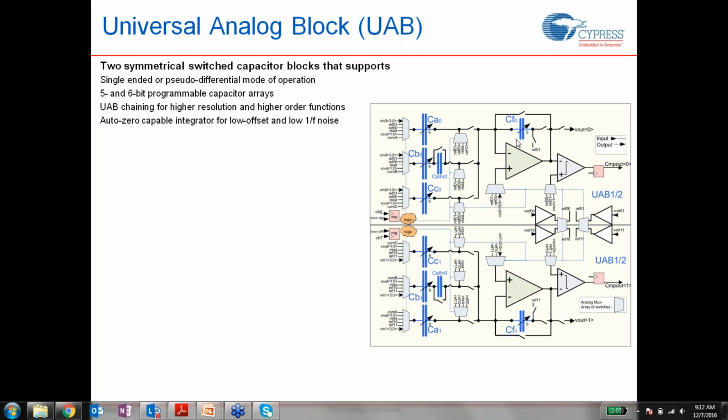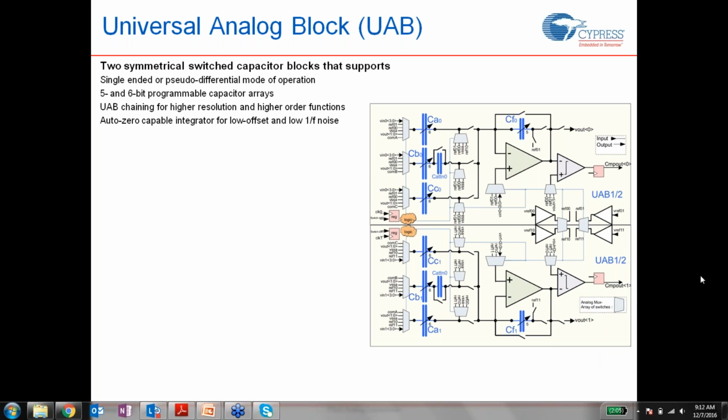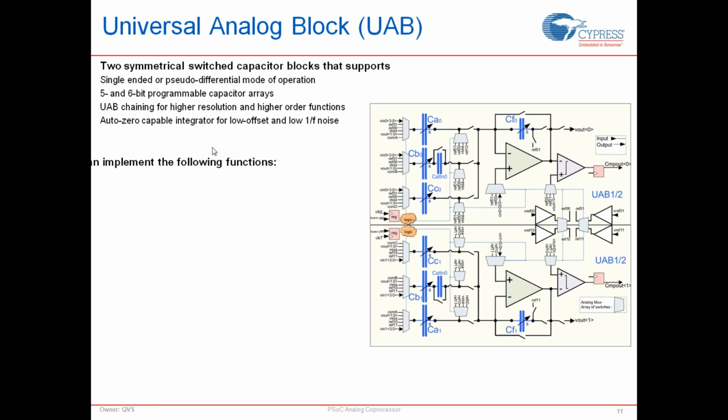So you could use this to build an integrator, and if you were to use two input capacitors and phase them apart, then you would end up subtracting the two signals that come on those input capacitors, and you could integrate the subtracted result. Then you would end up building a delta sigma modulator using that. So there are tons of things that you can build using the UAV.